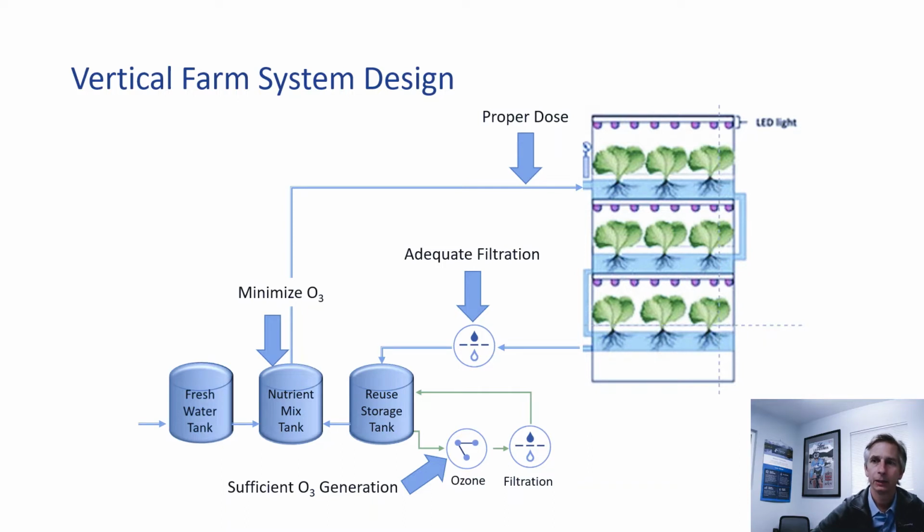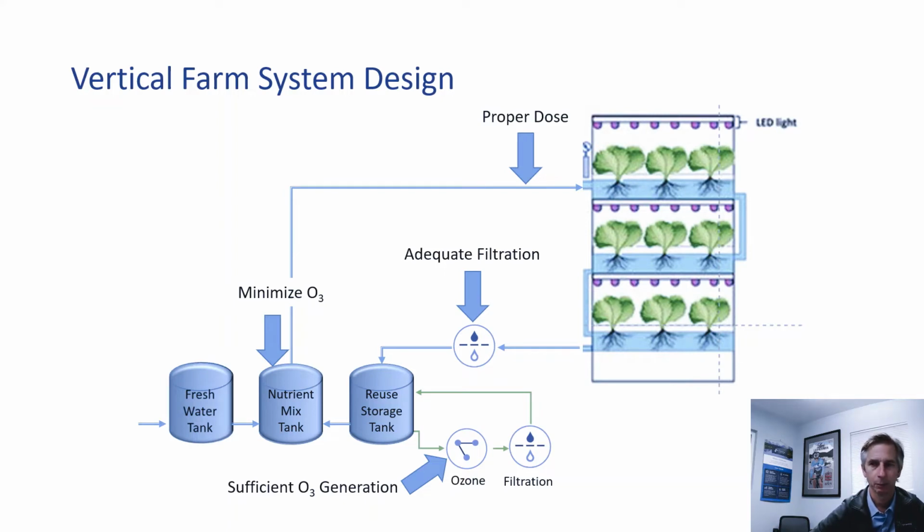And the last comment I'll make about the design of this system is that we want to make sure that the system is designed so that we don't dose concentrated ozone with concentrated nutrients. Many of the nutrient mixes include iron, and as we all know, ozone will react with iron.